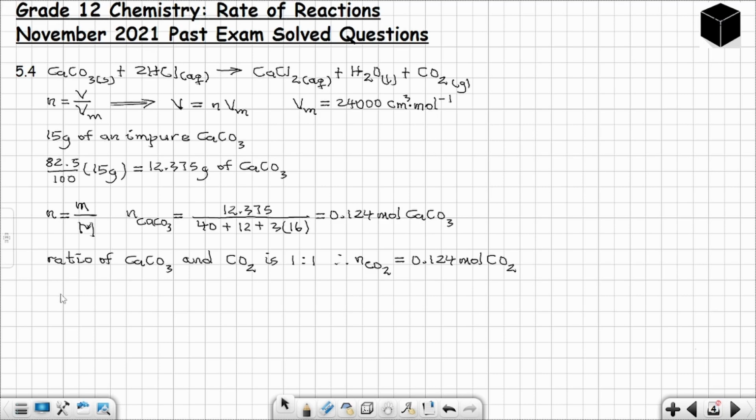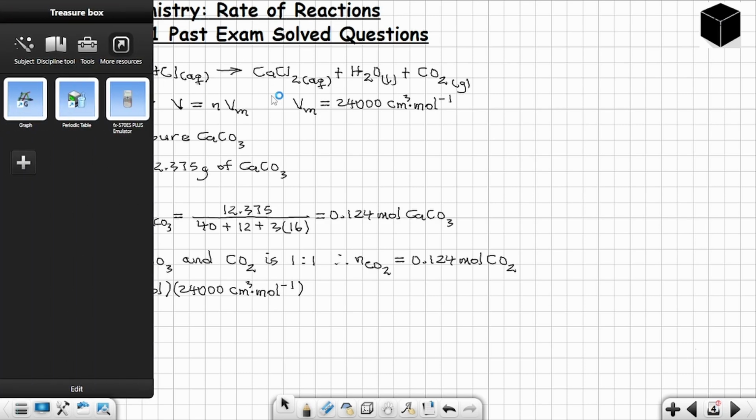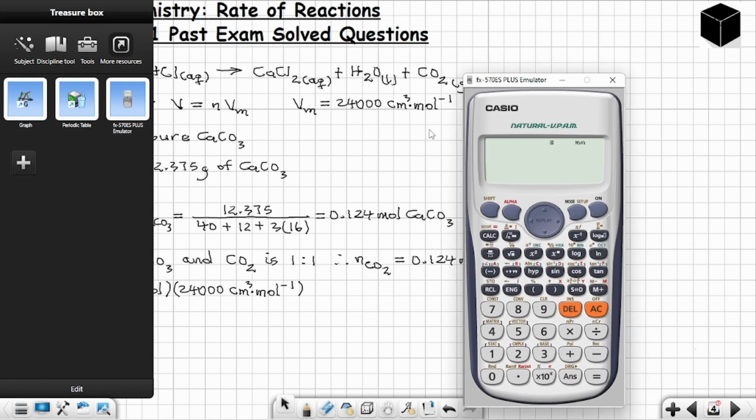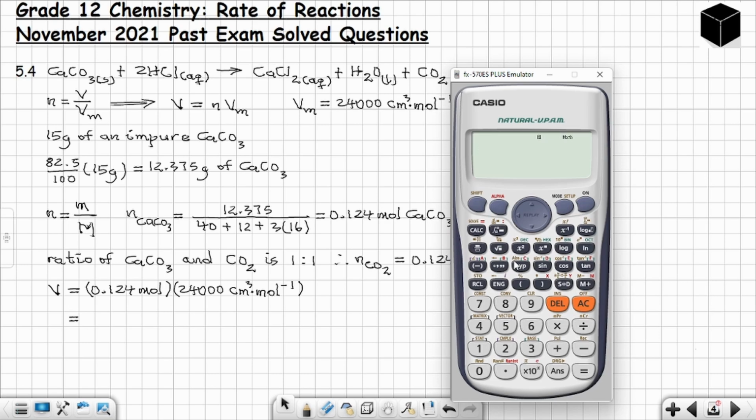You can now calculate the volume using this formula. So V is equal to n, the number of moles, times Vm, the molar gas volume. It's given there. Can you see that? So V is equal to, let's use our calculator again. You have 0.124 times 24,000.